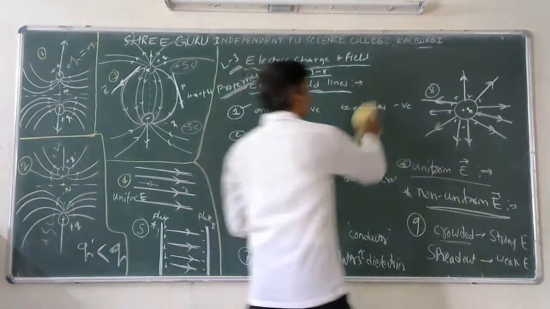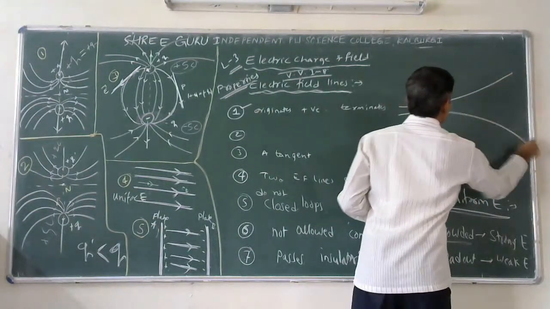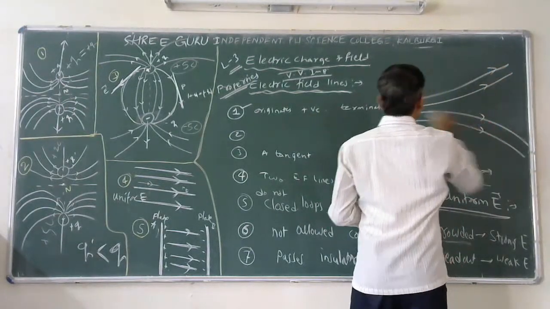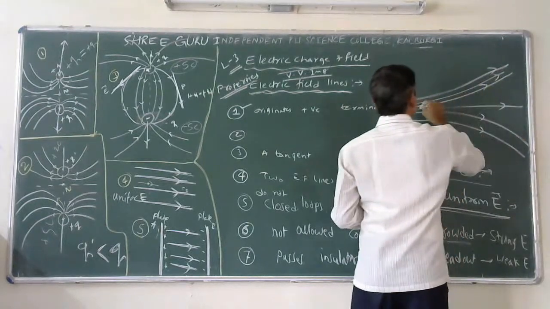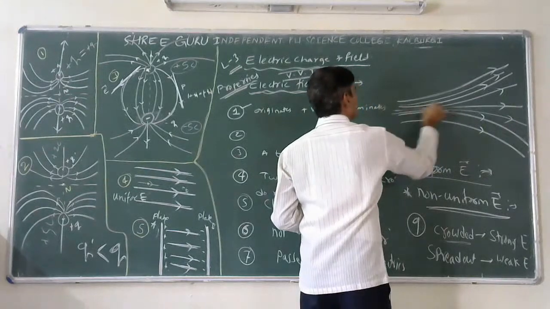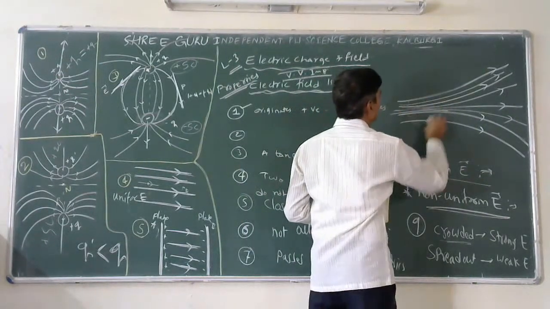So let us say we'll draw a diagram like this. So these all are electric field lines. Now here electric field lines are much more crowded.